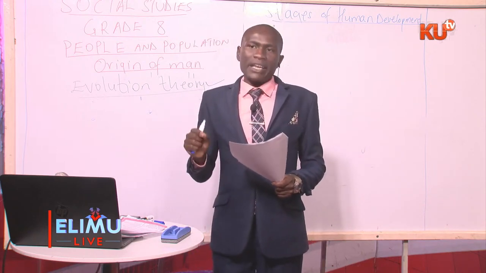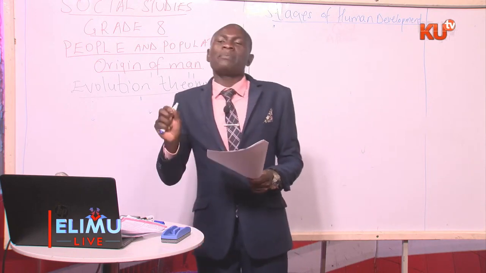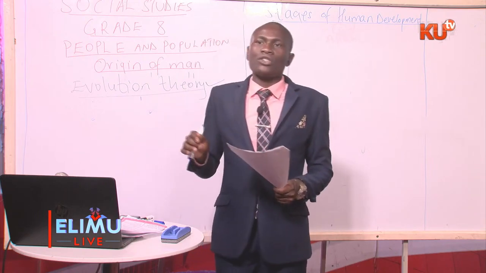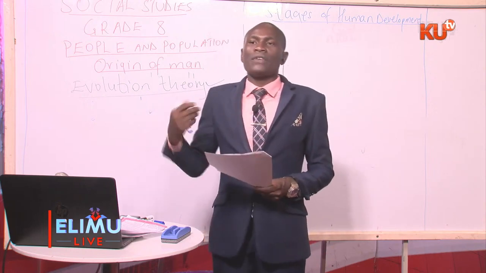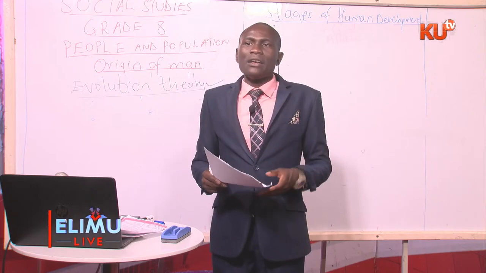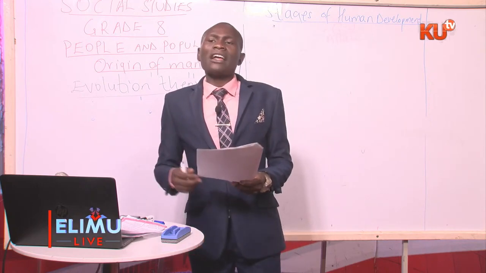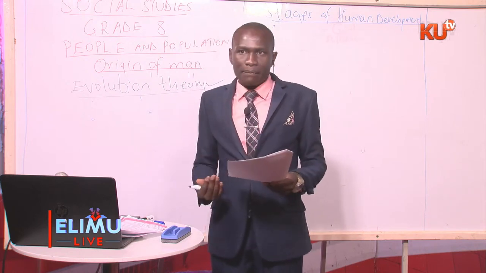The second thing about Australopithecus, or Zinjanthropus, is that his brain was much more developed than that of Kenyapithecus, Ramapithecus, Dryopithecus and Aegyptopithecus. So you see, as you move from one stage to another, the person is developing and developing.